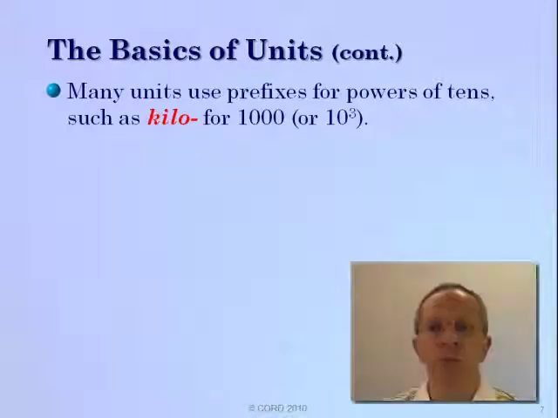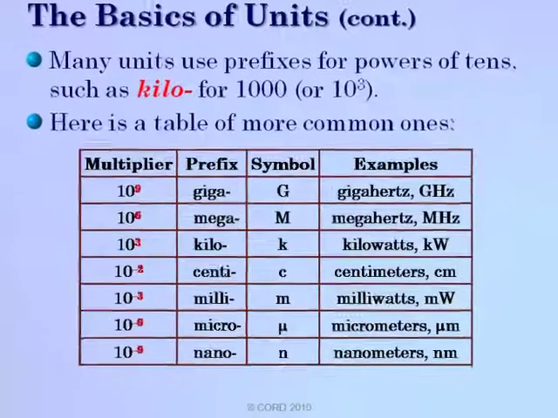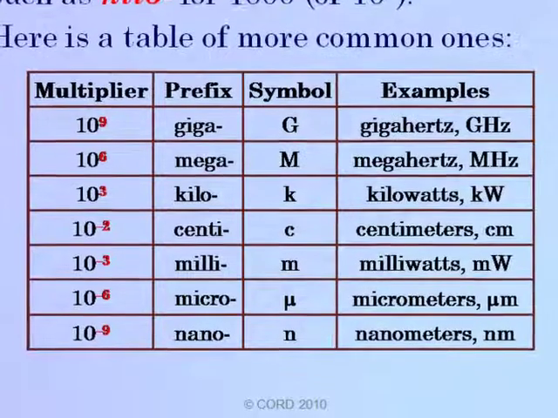Now, many units will use prefixes for powers of 10, such as kilo. You're familiar with it from kilometers. Well, here's a table of the more common prefixes that you'll encounter.